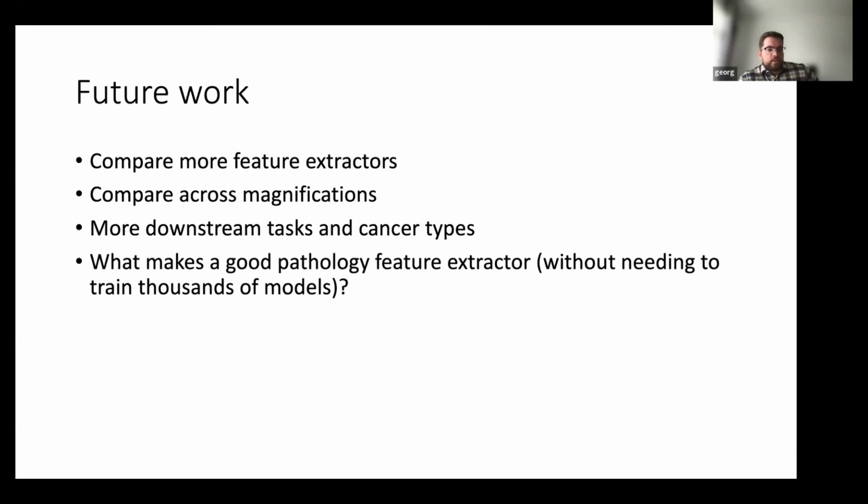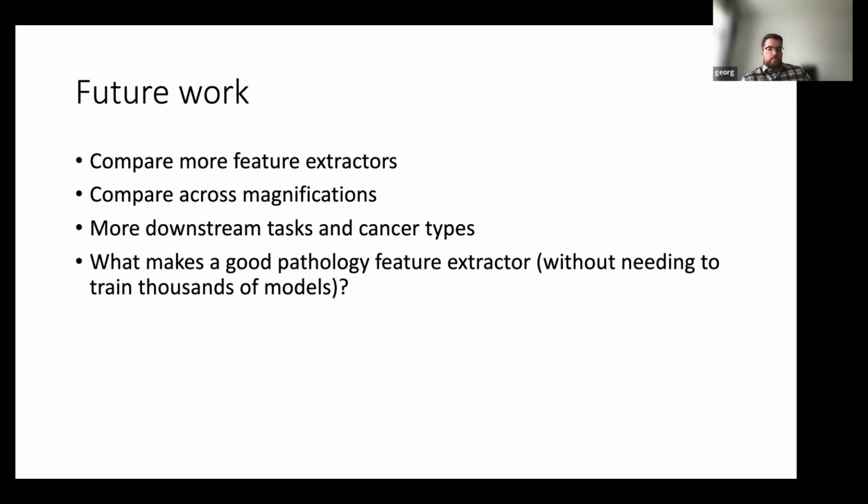Also, it would be interesting to look at more downstream tasks and different cancer types. Right now, we only looked at 2 cancer types. But this, of course, requires a lot of computational resources to run these experiments.